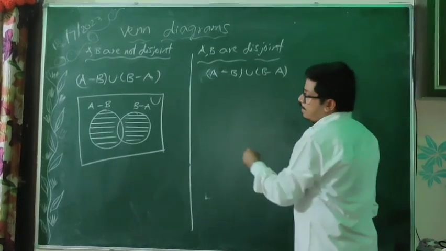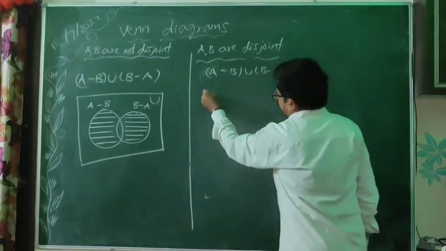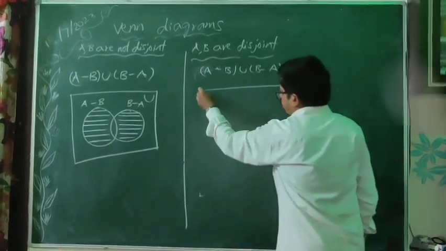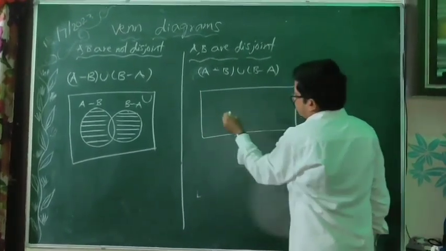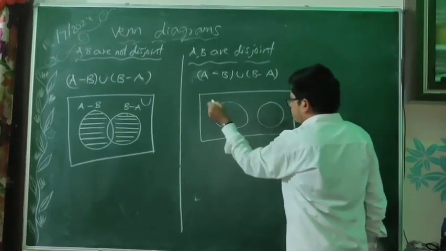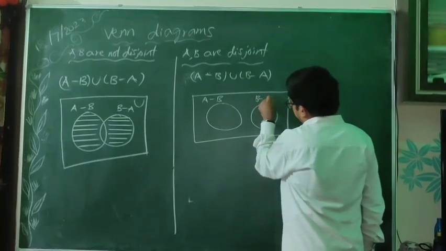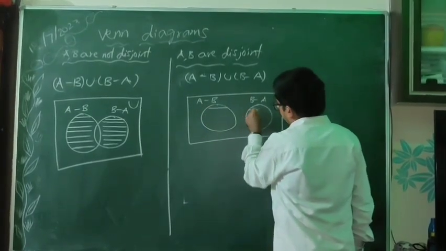Next for disjoint sets, A minus B union B minus A. So A minus B is A itself, B minus A is B itself. So simply like this.